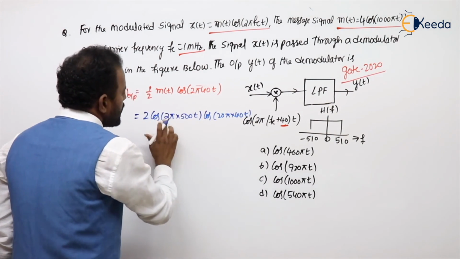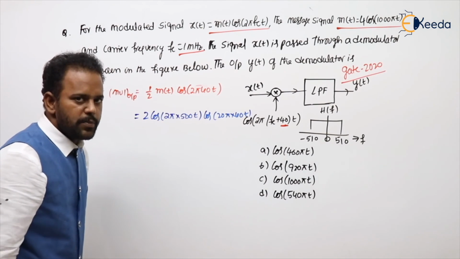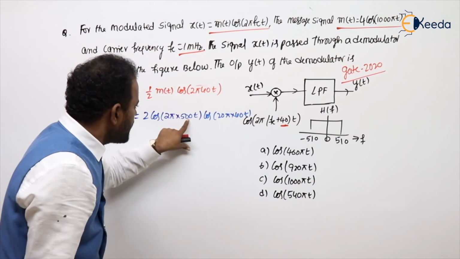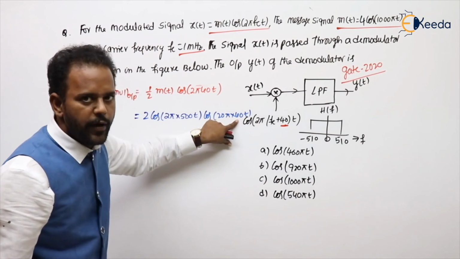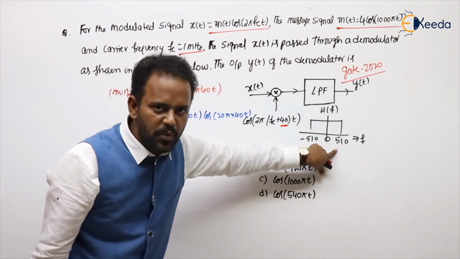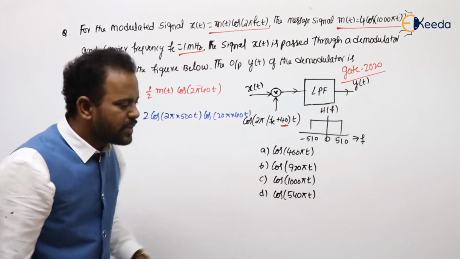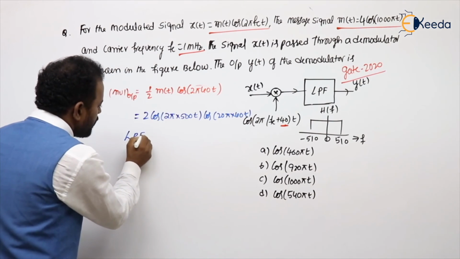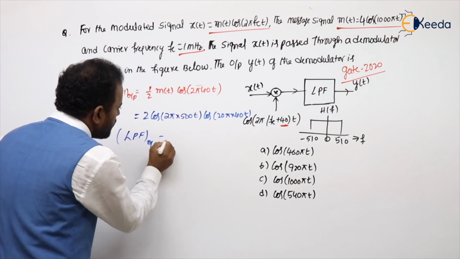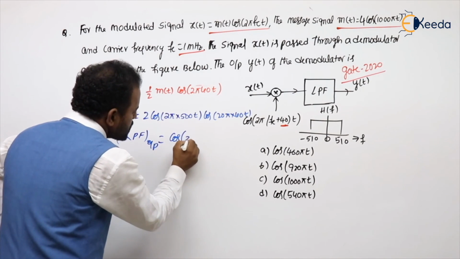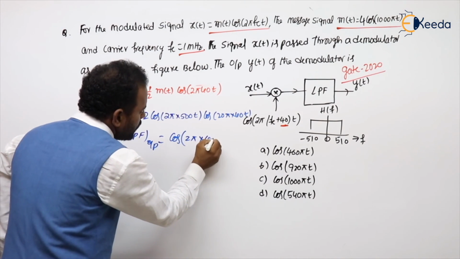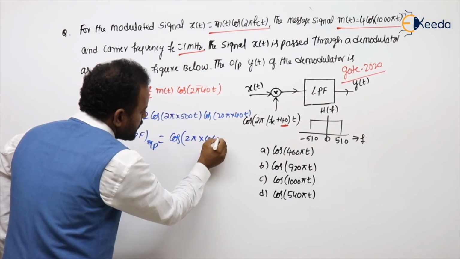One more time, 2 cos A cos B, cos A plus B, cos A minus B. A plus B means 500 plus 40, 540, but only up to 510 is allowed. Gone. Last, the LPF output, the A minus B term, that is cos 2 pi into 460.